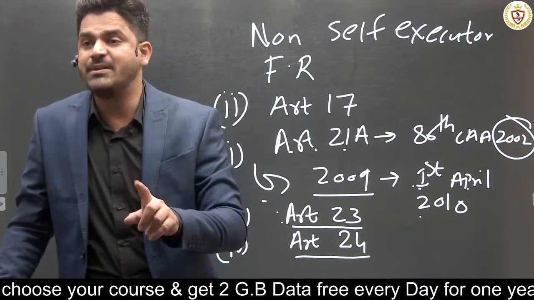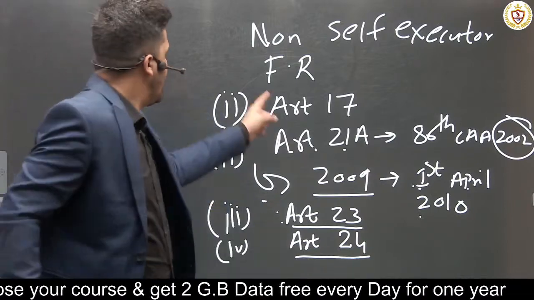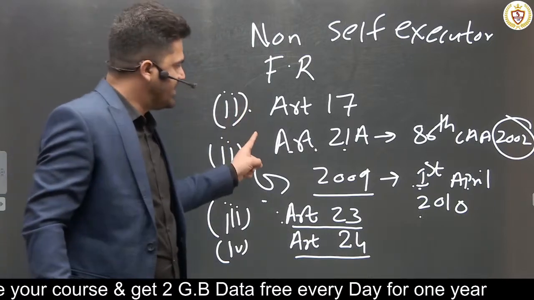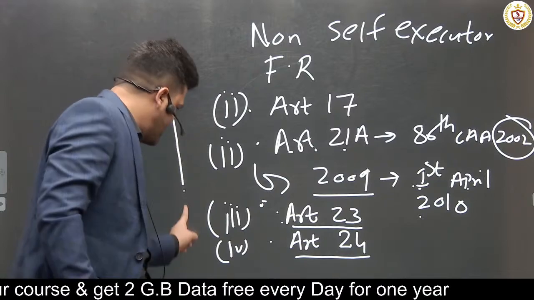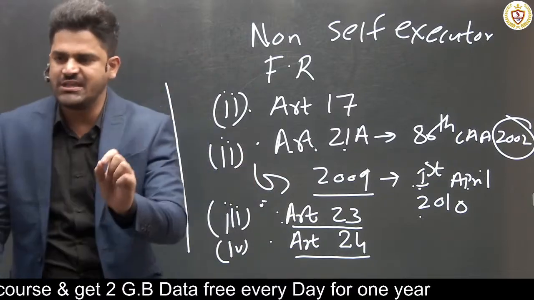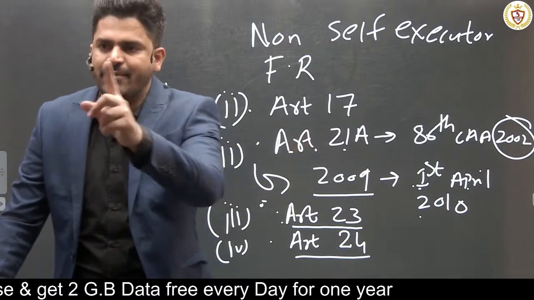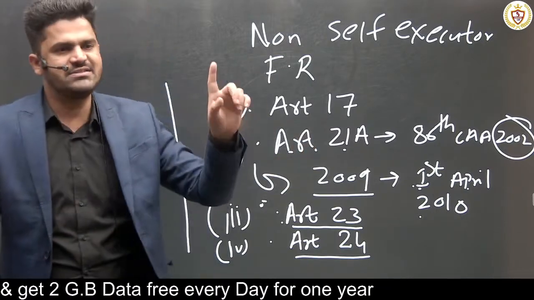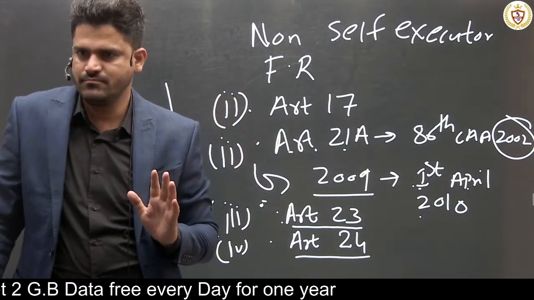So what are the examples of non-self-executory fundamental rights under Part 3 of the Indian Constitution? Article 17, Article 21A, Article 23 and Article 24. These 4 fundamental rights are non-self-executory fundamental rights. The rest of the fundamental rights are self-executory fundamental rights. Okay?